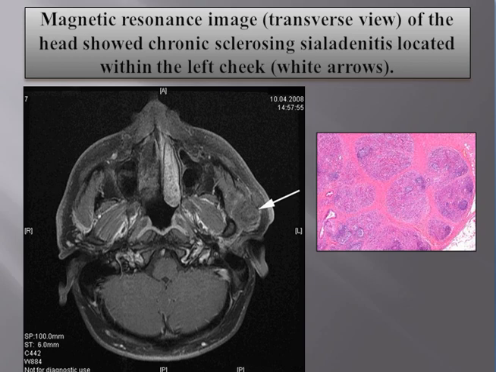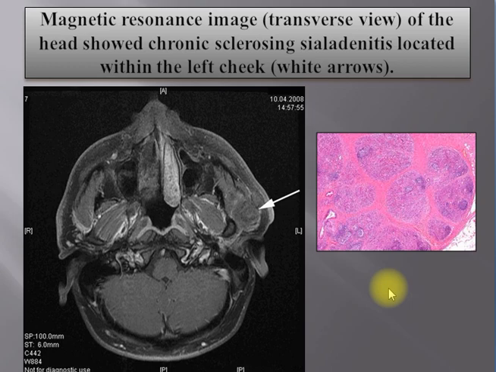And you can see on this MRI the real situation, where we can confuse, for example, chronic sclerosing sialadenitis and some benign tumor, for example, adenoma of the salivary gland.